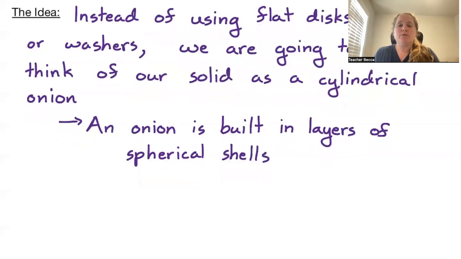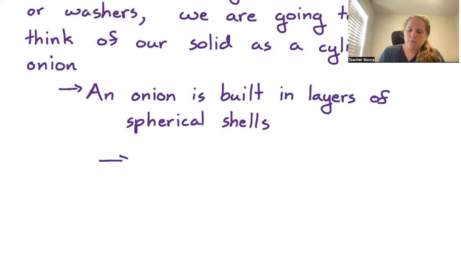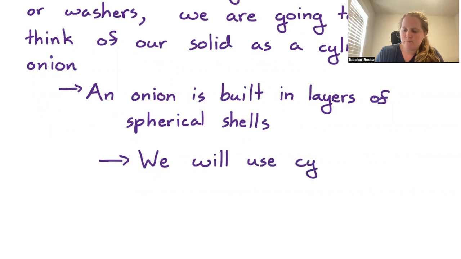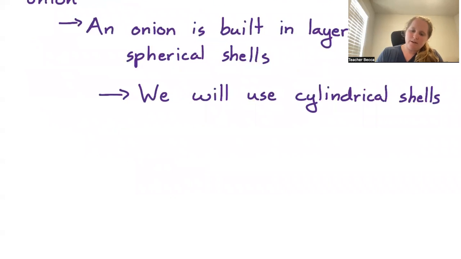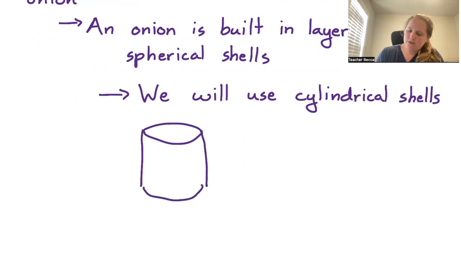Instead of spherical shells, we will use cylindrical shells. So the cylindrical shells are essentially the very outside layer of a cylinder, just looking at the sides.